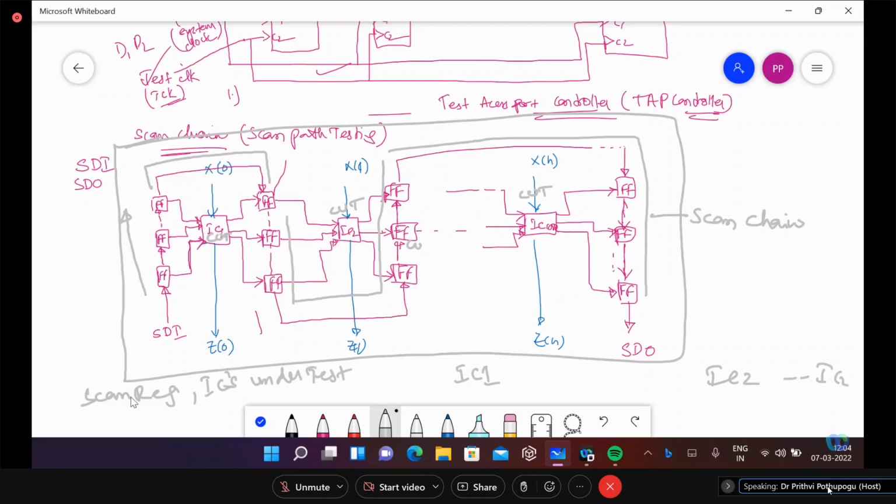And what else we need is a controller which controls when to test and when to scan.